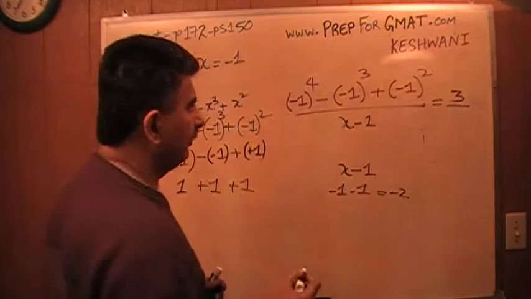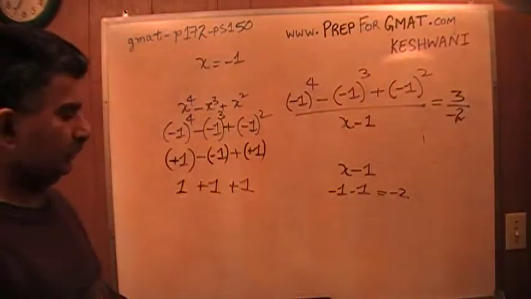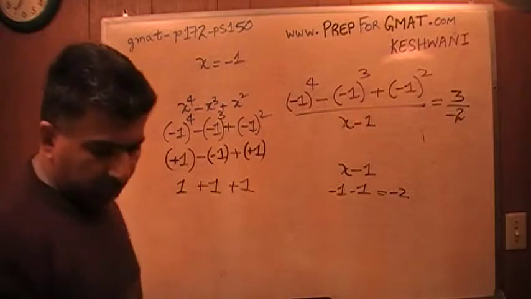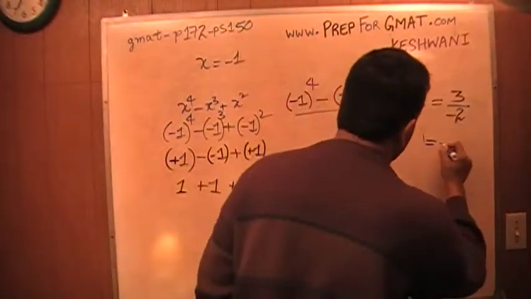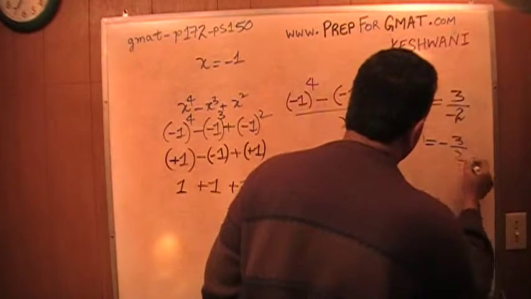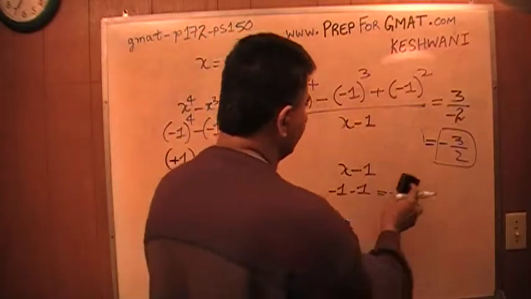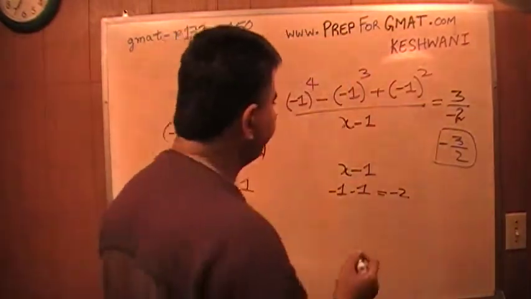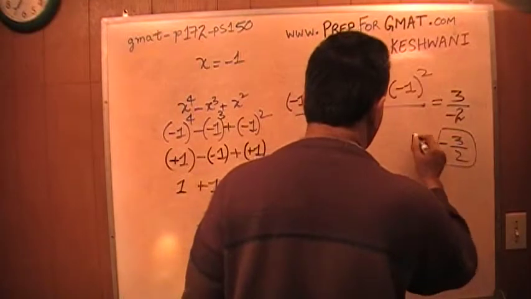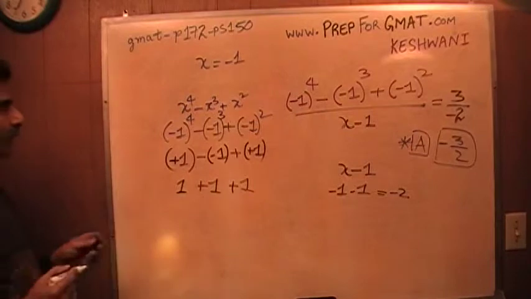So the bottom is -2. 3 over -2, which of course is the same as -3/2. That's it. -3/2. The answer is A. And that's all it is.